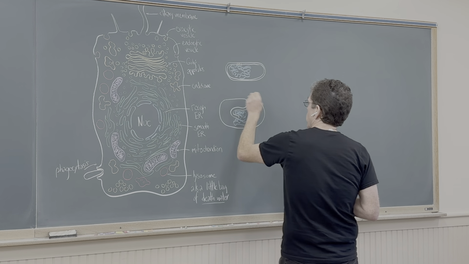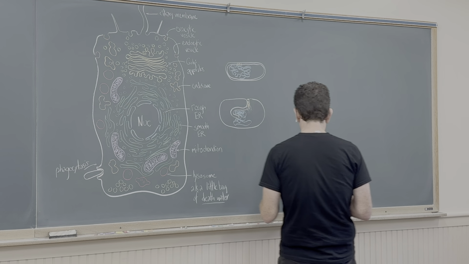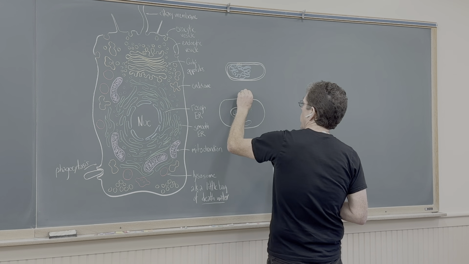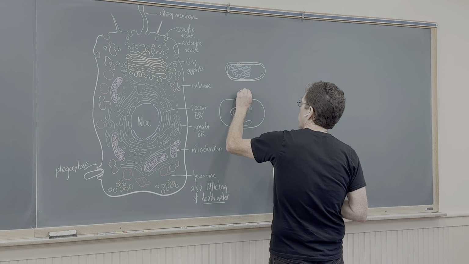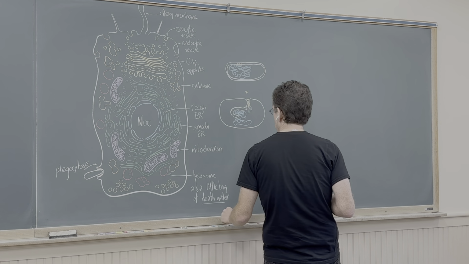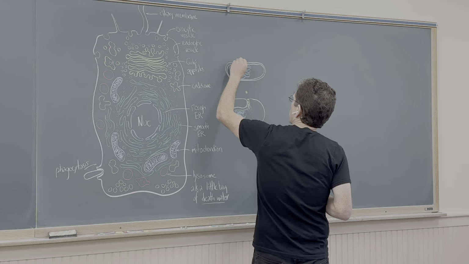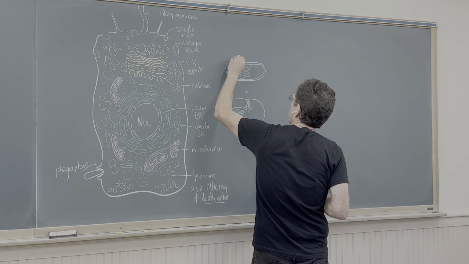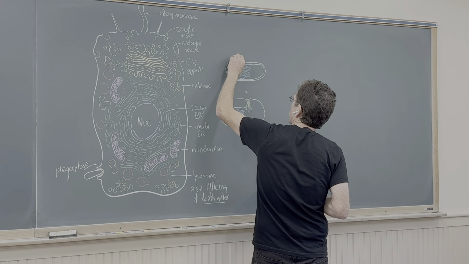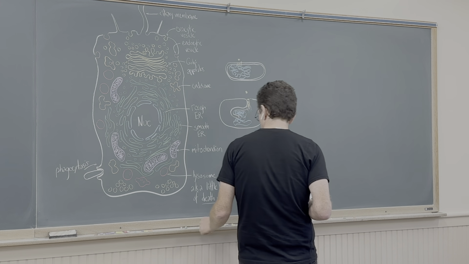Let's imagine that they're folding up before they find their way into the outside world in some folded configuration. Well, in the prokaryote, as soon as those proteins are secreted, they're basically out there.